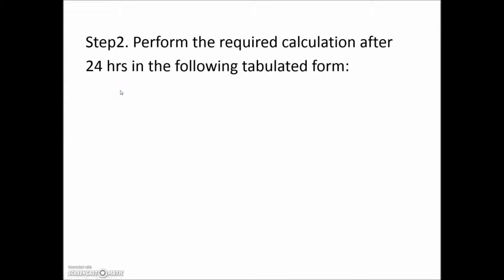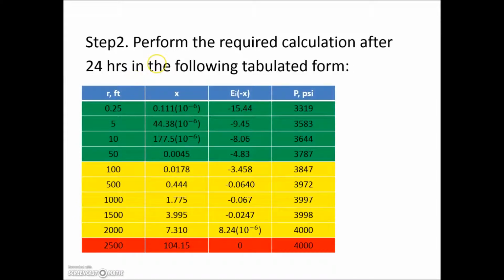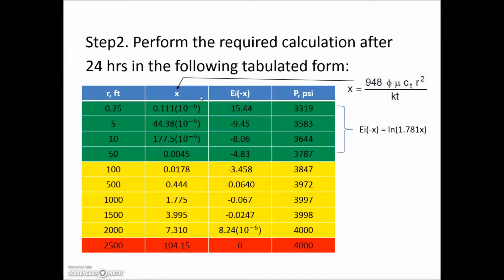Step 2 needs us to perform the required calculation after 24 hours in the following tabulated form. First, we need to find the value of x based on the radius given, using this formula: x equal to 948 times porosity, mu, ct, r squared over kt. For the green part, the value of x is less than 0.01, so this equation is applied.